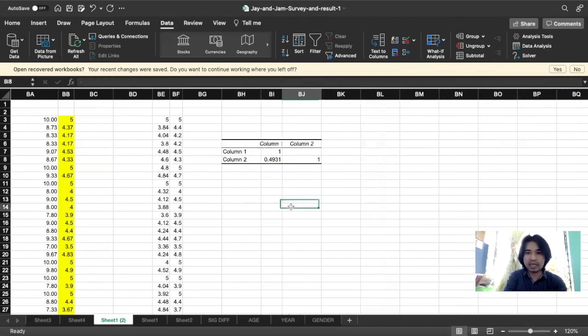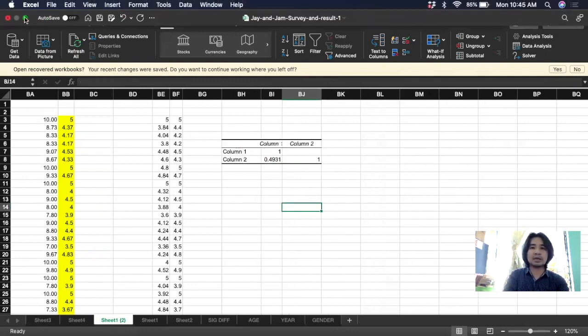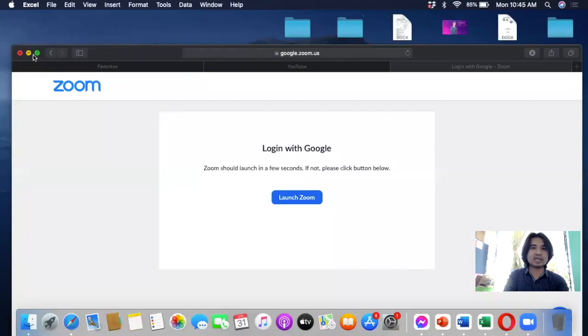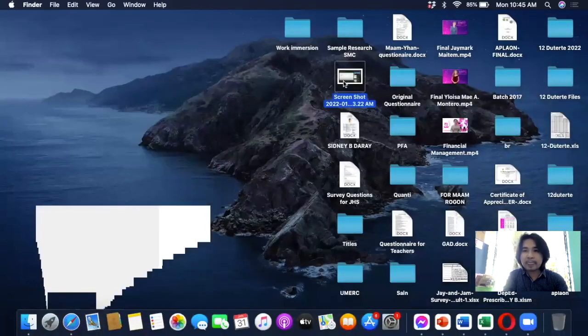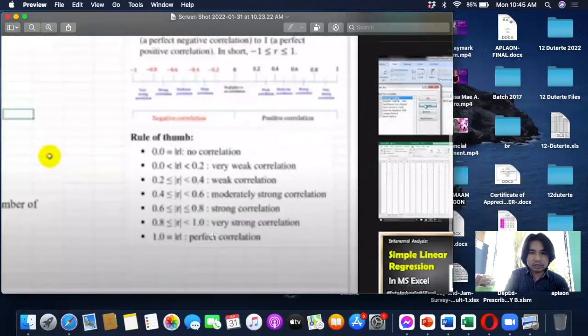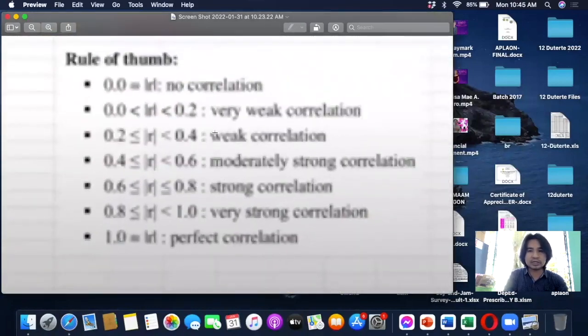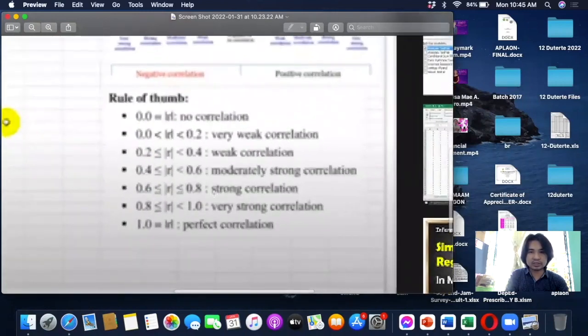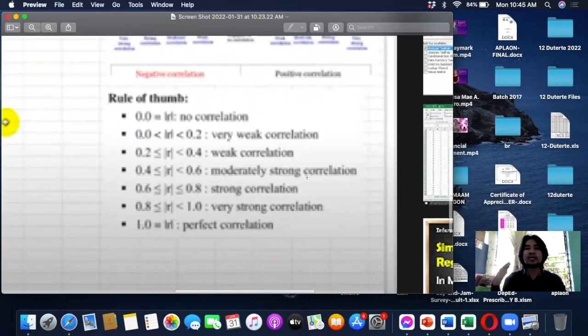So we'll try right here. 0.49 indicates that the correlation right here, 0.49, is a moderately strong correlation, meaning that your independent and dependent variable have a moderately strong correlation.